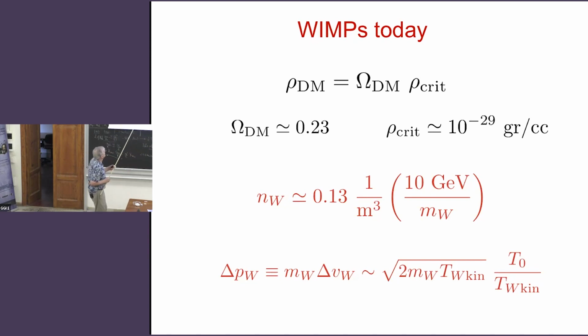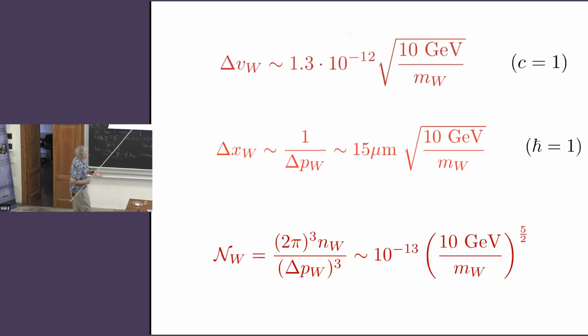The number density of WIMPs then is roughly 1 per meter cubed, and the momentum dispersion we can calculate from what I said before, the 1 MeV kinetic decoupling temperature. This corresponds to a velocity of the WIMPs of order 10 to the minus 12 in units of the speed of light.